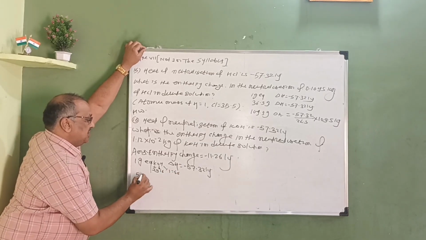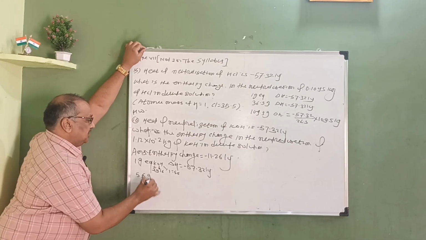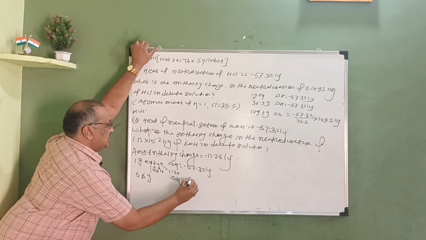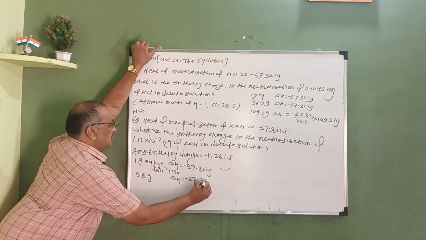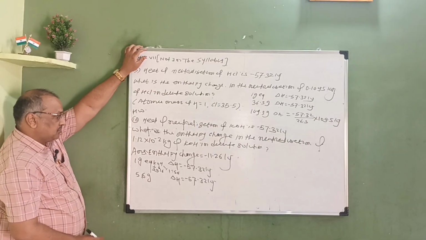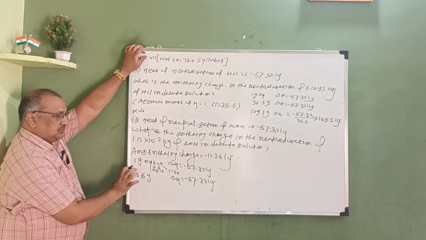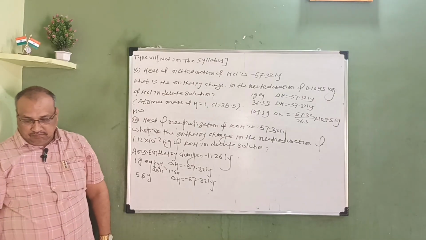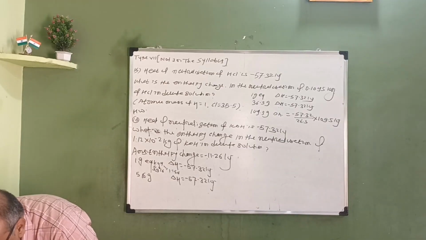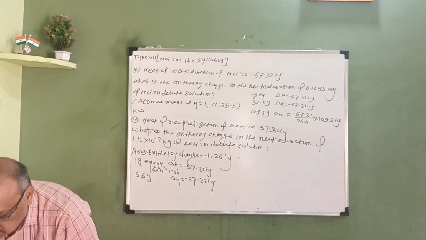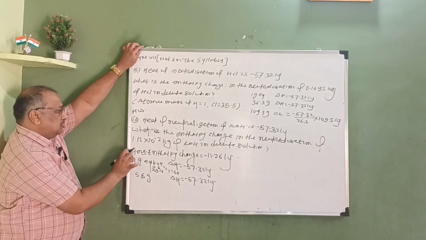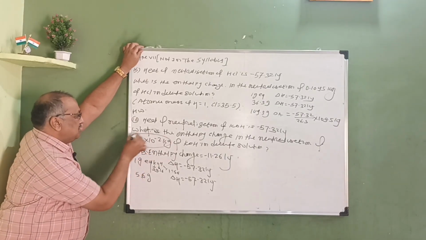That means 56 gram of KOH is neutralized, enthalpy change is minus 57.32 kilojoule, and henceforth now convert this kilogram into gram.